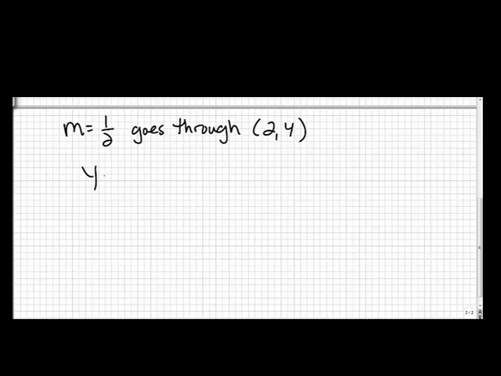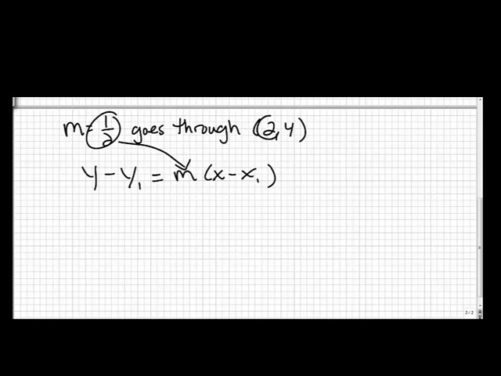Let's say they give you a problem where you're trying to write the equation of a line where the slope is 1/2 and it goes through the point (2, 4). Well, remember point-slope form, all we need is a point and the slope. So 1/2 will be put in for m.